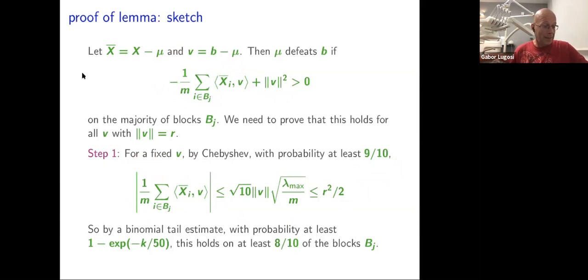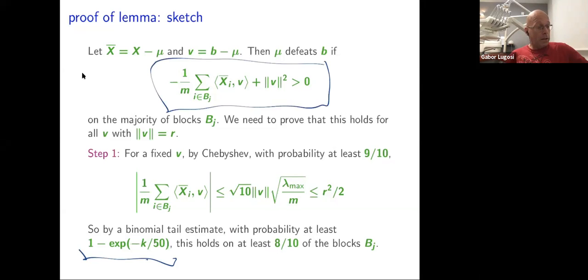So that means that this will happen on at least 80% of the blocks with probability that is exponentially large. The probability that it doesn't happen is exponentially small in the number of blocks k. So with probability at least 1 minus e to the minus k over 50, this inequality holds for 80% of the blocks for a single vector v.